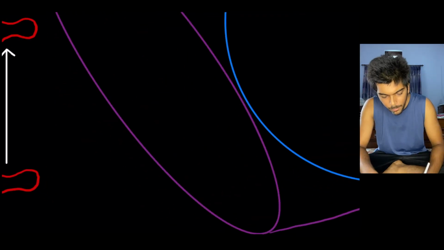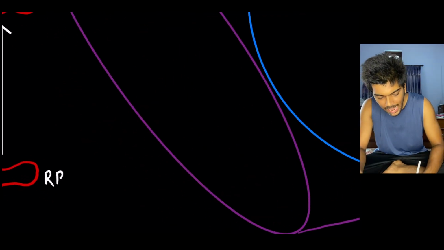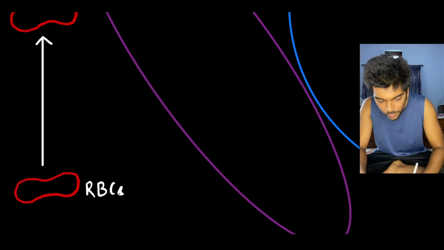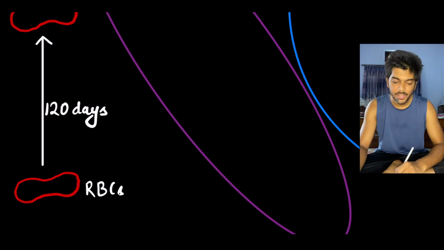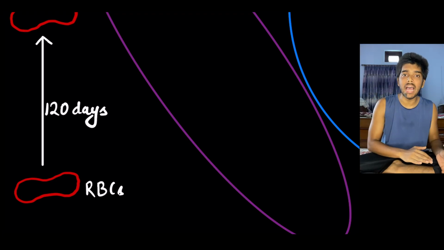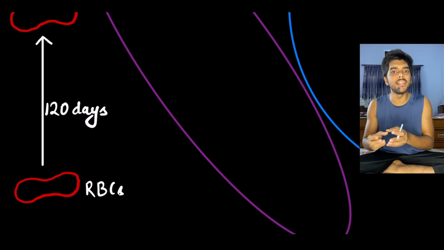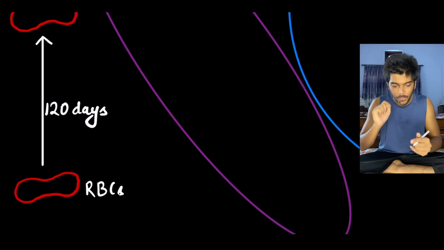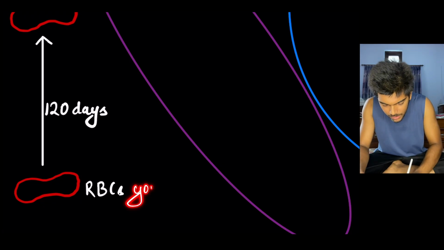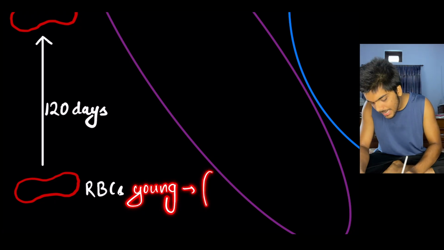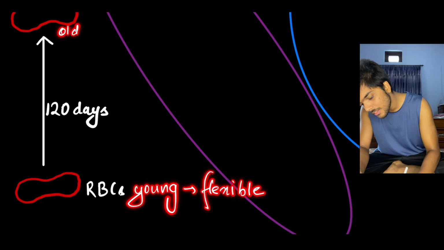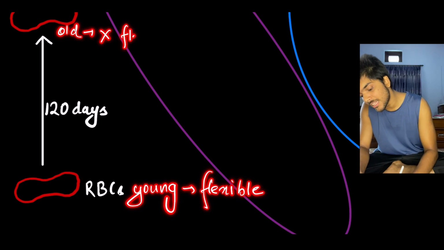bilirubin. Your red blood cells, they have an average lifespan of 120 days. After 120 days, the young red blood cells have become old and they get destroyed. See, the young red blood cells, they are flexible. But the old red blood cell, they have lost that flexibility.